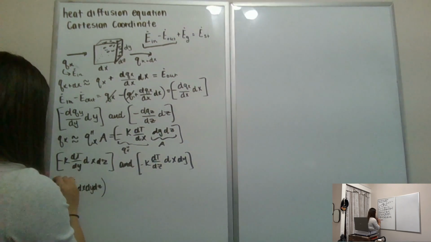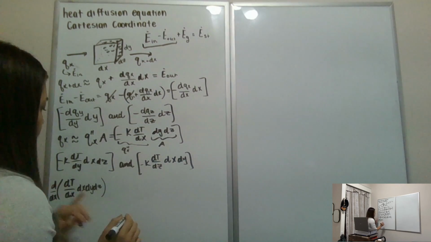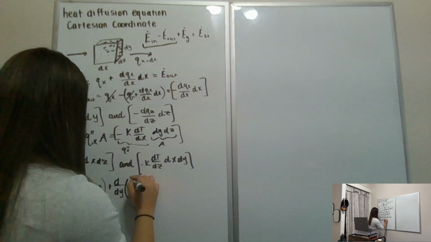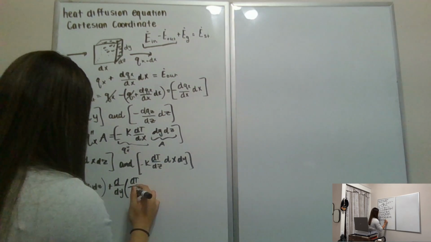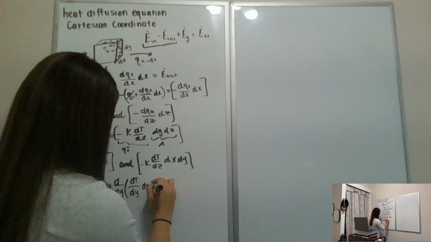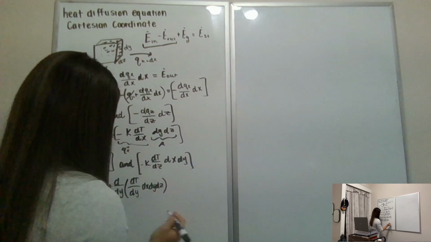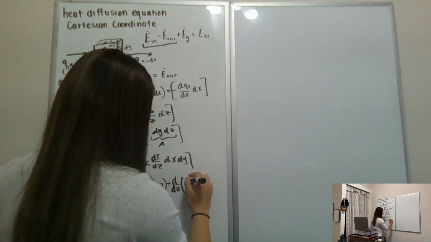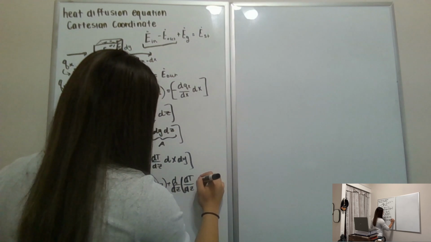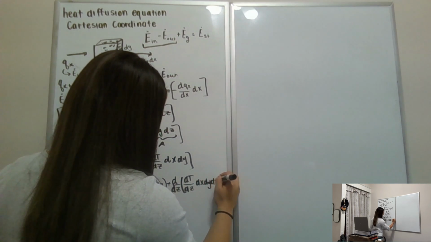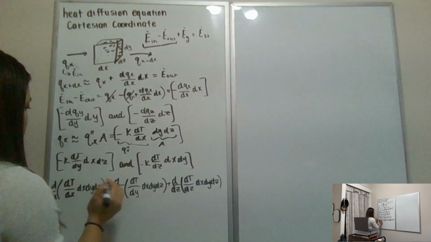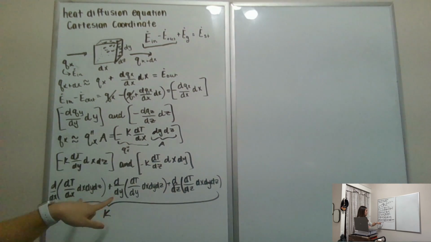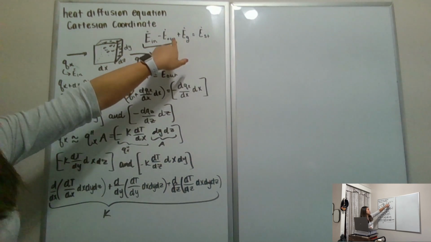Then the second derivative of temperature with respect to y times dx, dy, dz. And lastly the second derivative of temperature with respect to z times dx, dy, dz. These all have a K value out front. And so this is our energy in minus energy out.